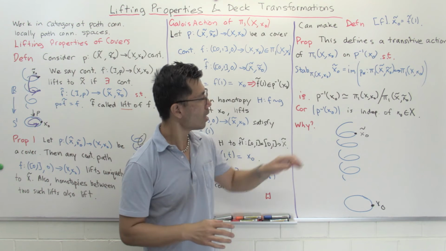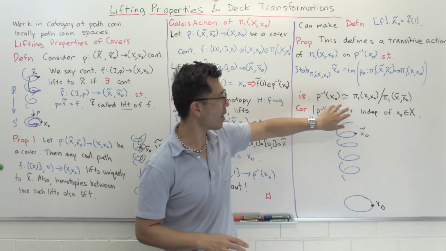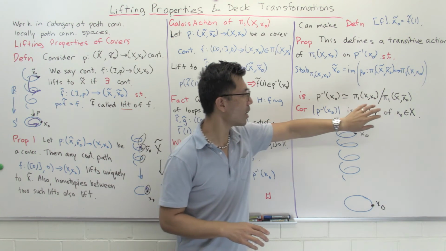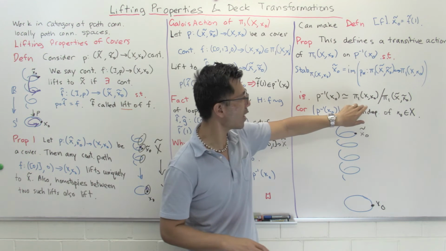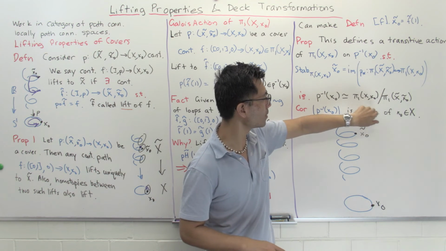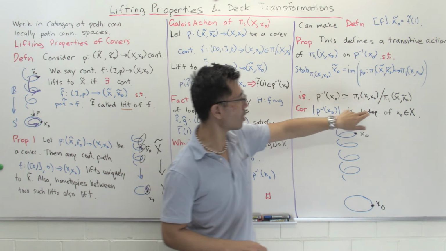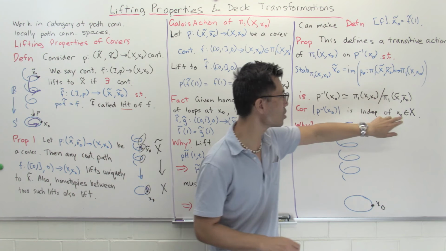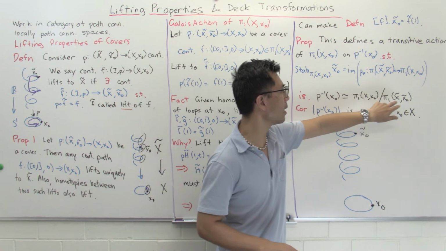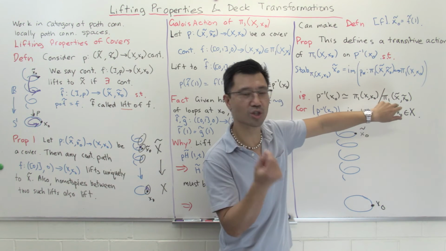Okay? And one corollary that we'll see from here is that, remember we're assuming that x0 is connected, and also x tilde is connected. So you can move this around, and as you move this around, you get something that's conjugate.